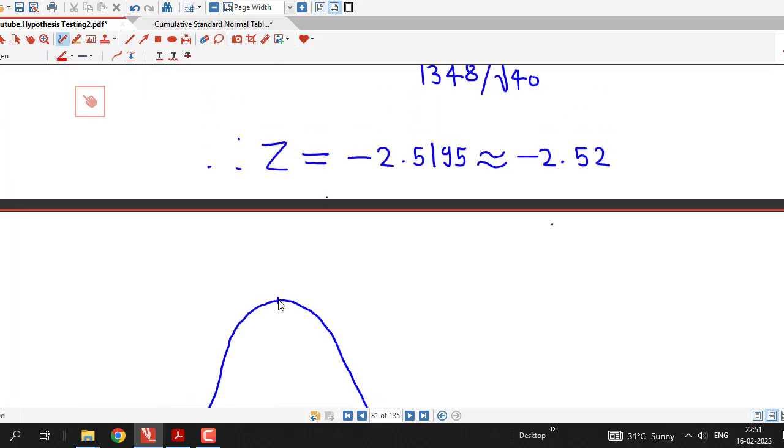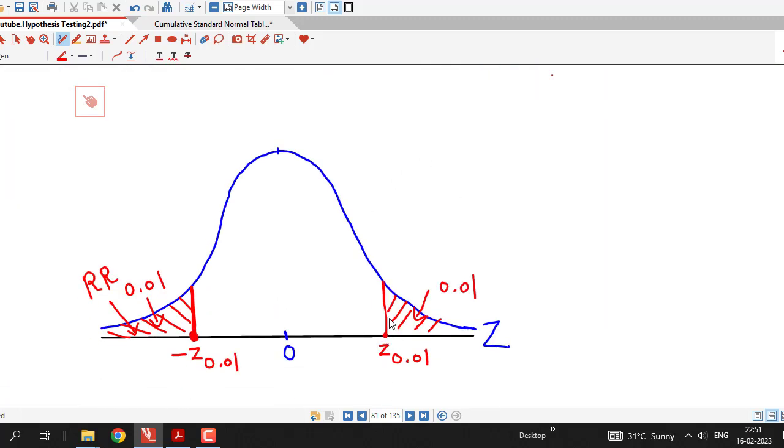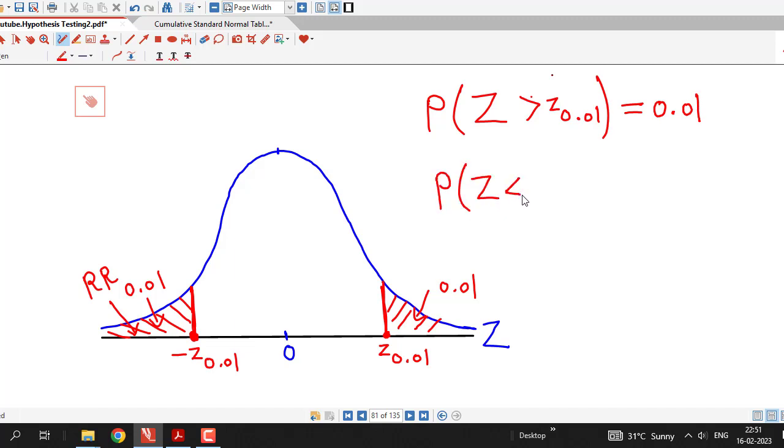So now we observe from this graph that if we consider this point, the probability that capital Z is greater than z suffix 0.01 is equal to the area to the right side of this point, which is 0.01, and we are interested in the probability that Z is less than z 0.01. This is using the definition of complementary event.